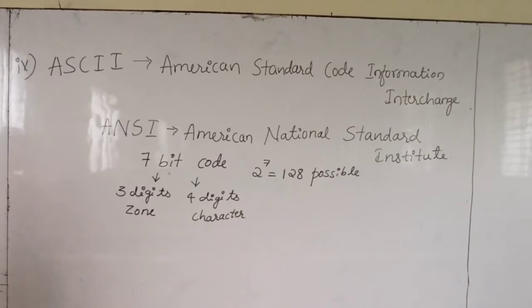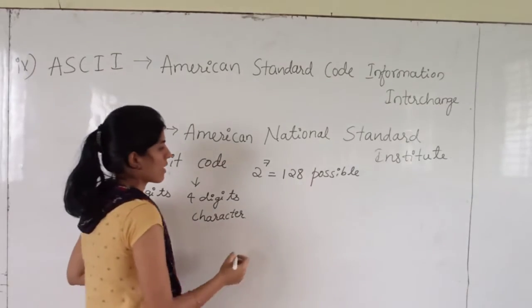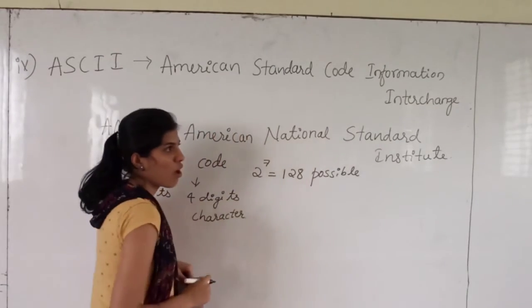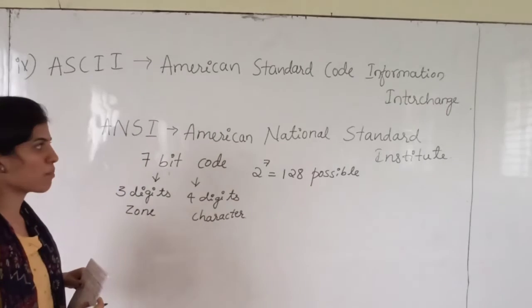ASCII code is a way to represent all characters, whether alphanumeric or special symbols.